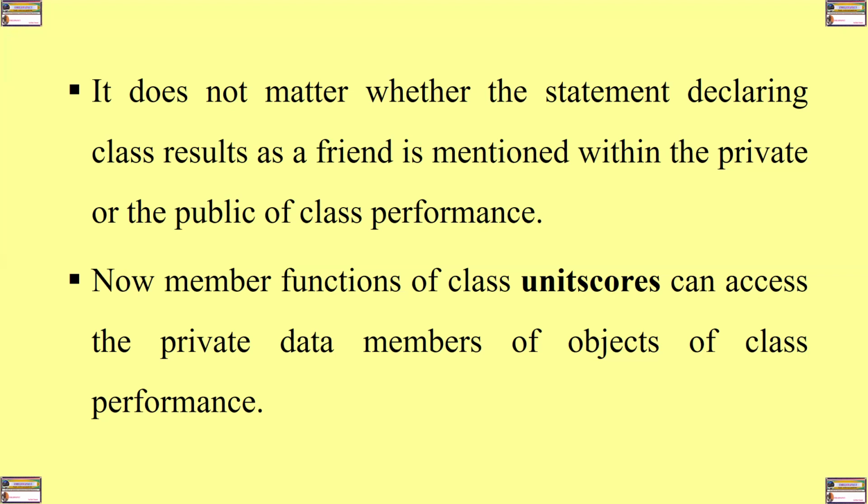Secondly, those functions or methods that have been defined within the class which is a friend to another class can access the private data members of the objects of the class in which that class has become a friend.